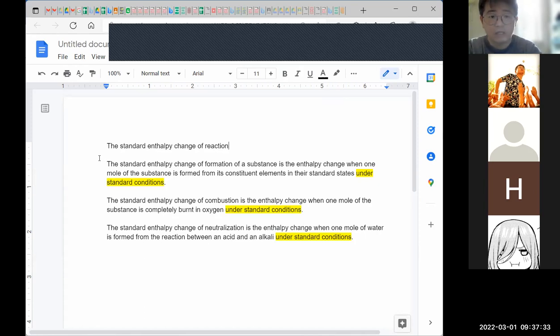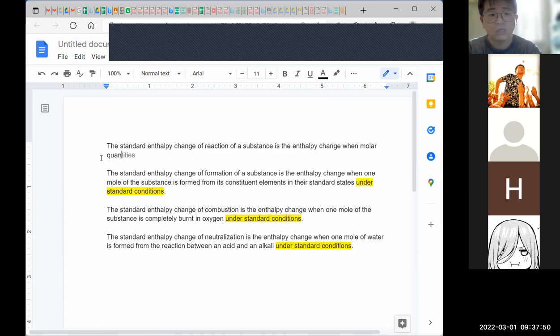It is the enthalpy change when the molar quantities of the reactants as stated in the equation would react together to give products under standard conditions.